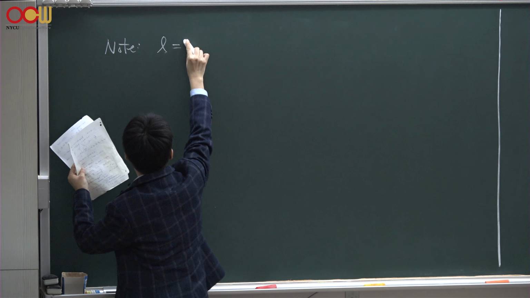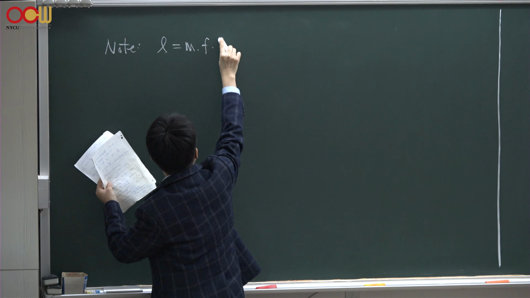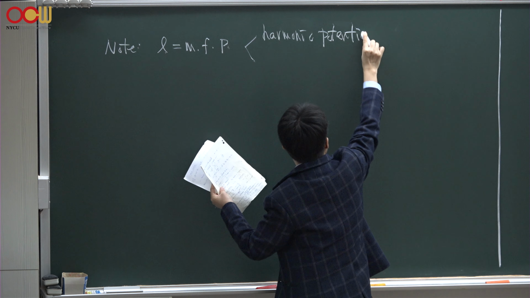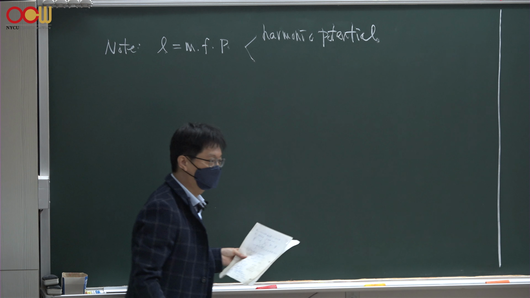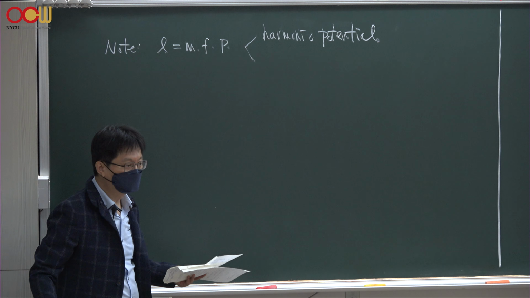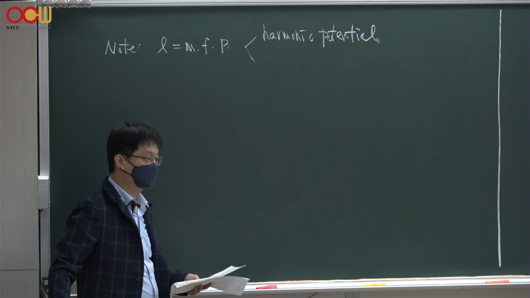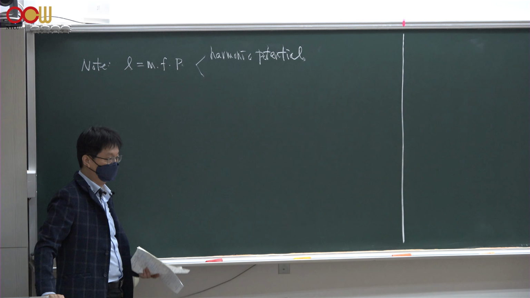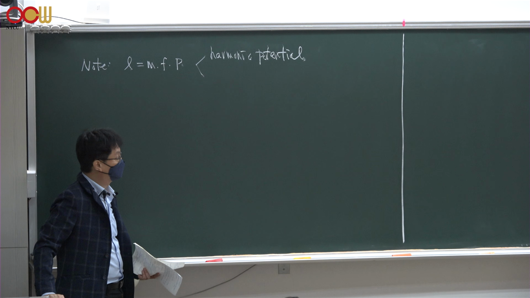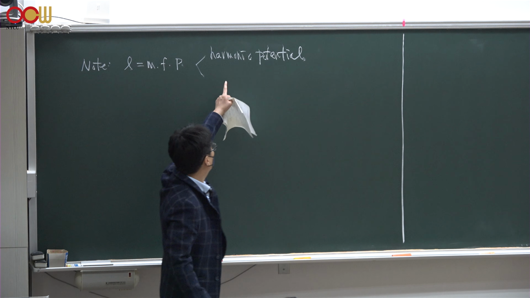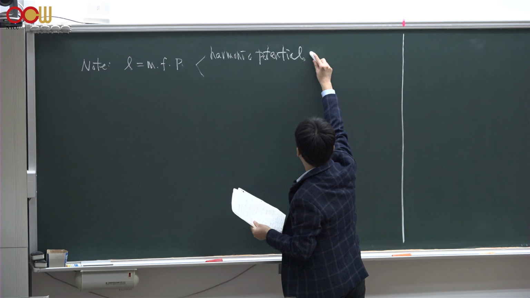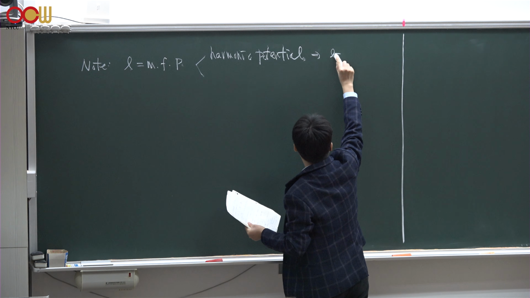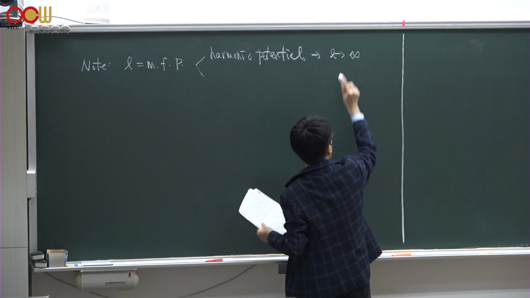Let's just make a note on the mean free path. In the harmonic approximation, meaning we have only H2, or the second order in this Taylor-expanded potential term, which accounts for the potential part of the harmonic oscillator. So suppose we have only the harmonic potential, then this mean free path actually goes to infinity.